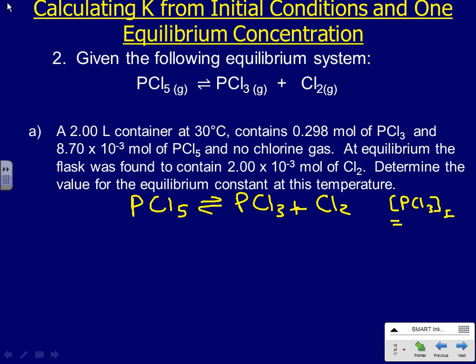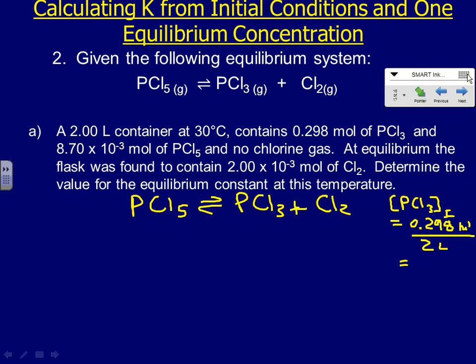Moles per 2 liters: 0.298 moles divided by 2 liters is 0.149 moles per liter, and that's my initial of PCl3, 0.149.